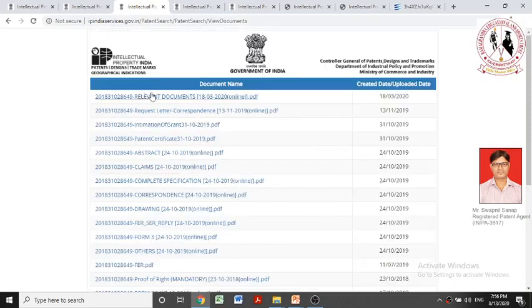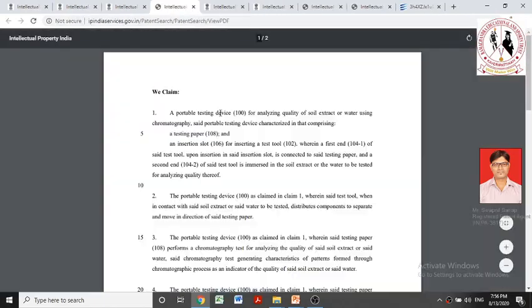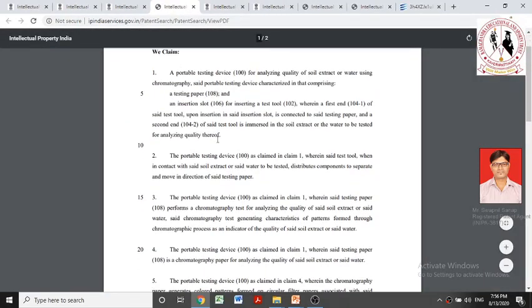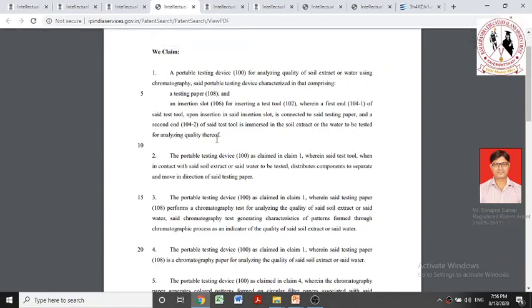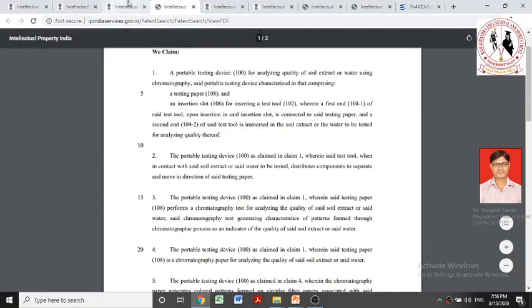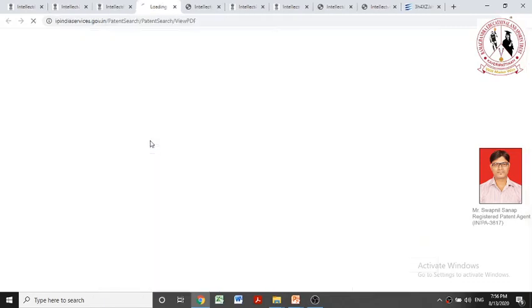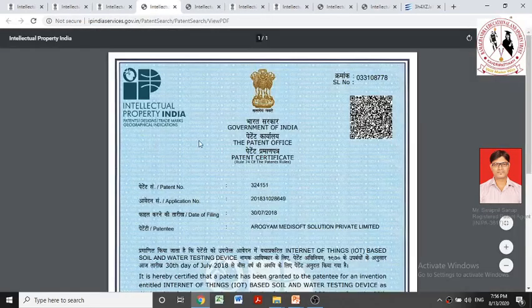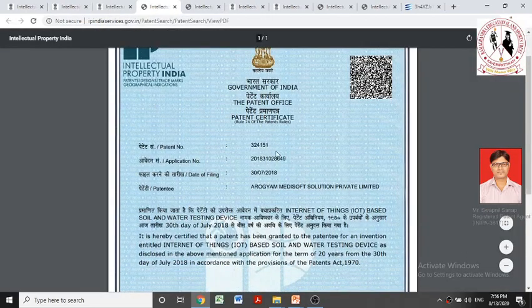So here you see that this patent has been granted already without any objection, and these are the final claims which are granted by the Indian Patent Office. This is how I'll just show you. This is how you get the patent certificate issued by the patent office once the patent is granted.